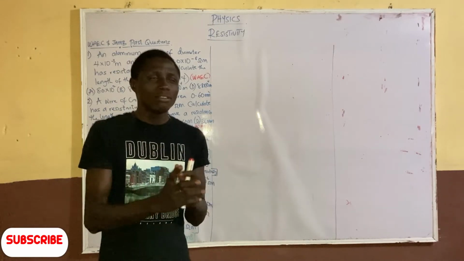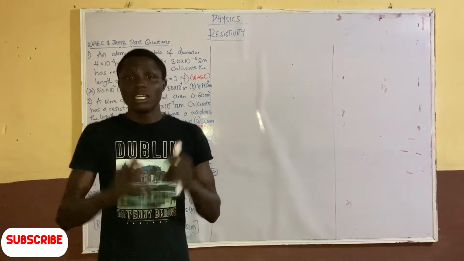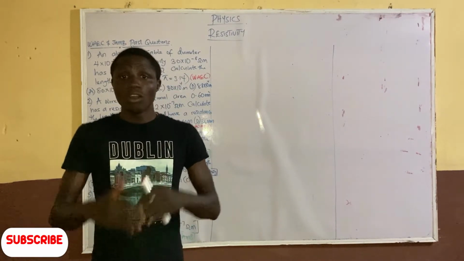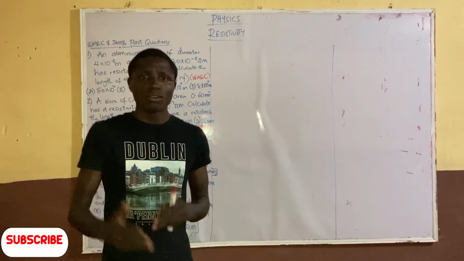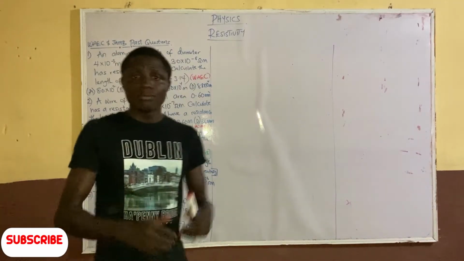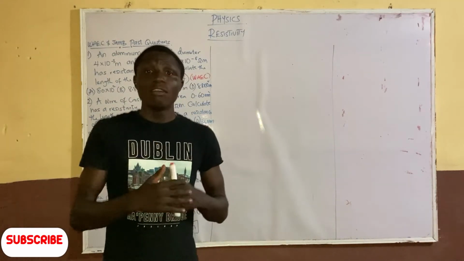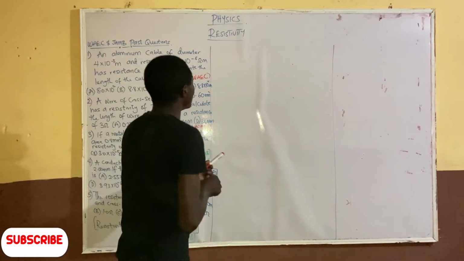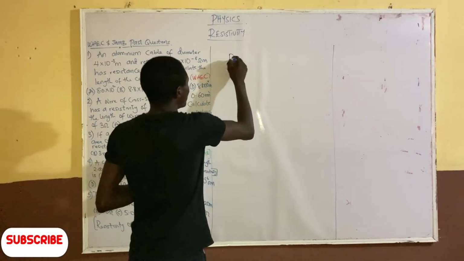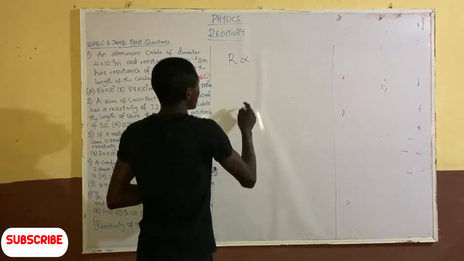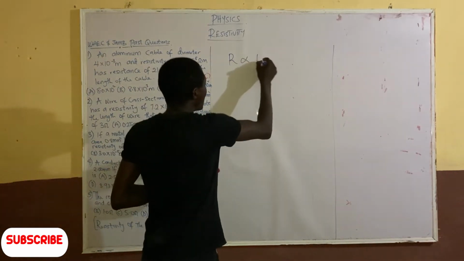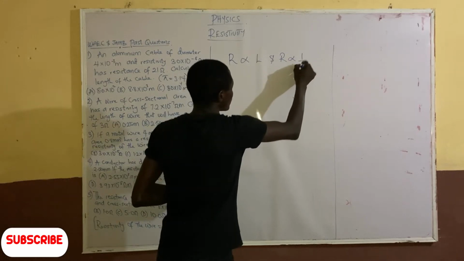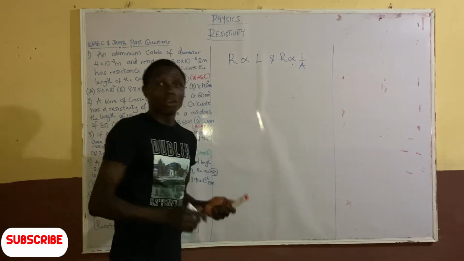We have resistivity for different materials. The resistivity of aluminium is different from the resistivity of copper, and so on. Now, mathematically, resistivity can be derived when resistance is directly proportional to L, and inversely proportional to the area of the material.